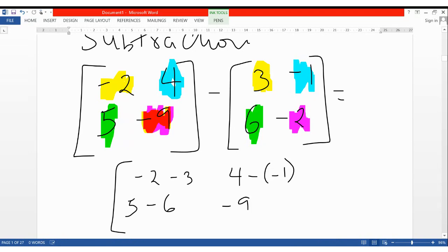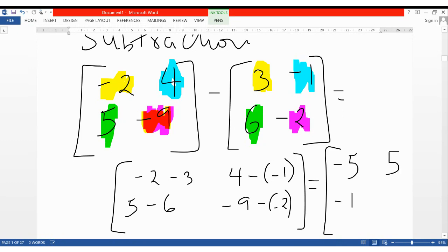If I do this correctly, I'll get negative 5, I will get 5, I'll get negative 1, and I shall get negative 7.